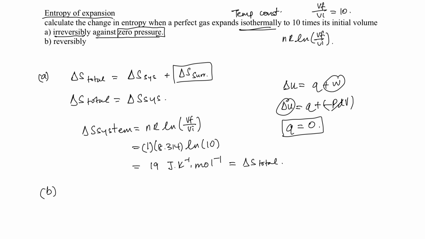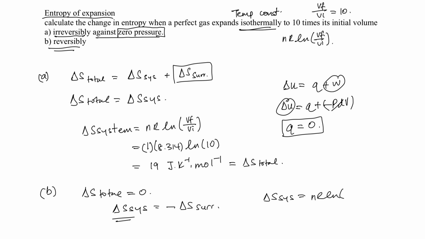Now, if it's done reversibly, the delta S total is going to equal 0. So that means that the delta S for the system is going to equal minus delta S for the surroundings. Now again, we can calculate delta S for the system. The delta S for the system is going to equal nR natural log Vf over Vi.